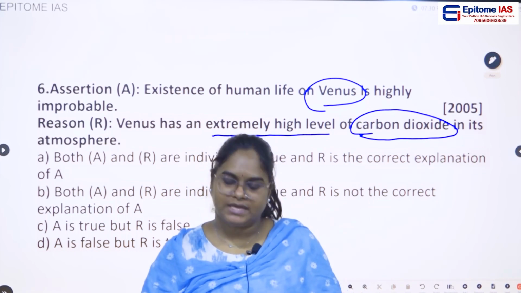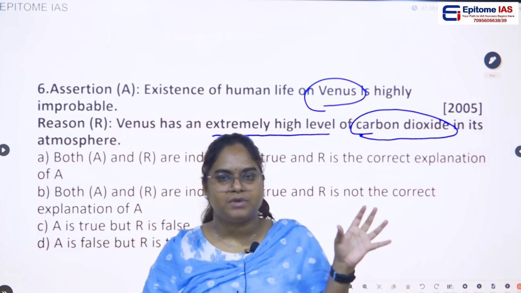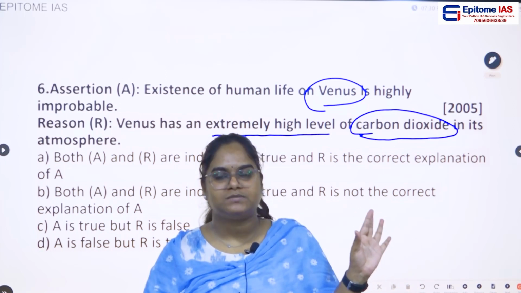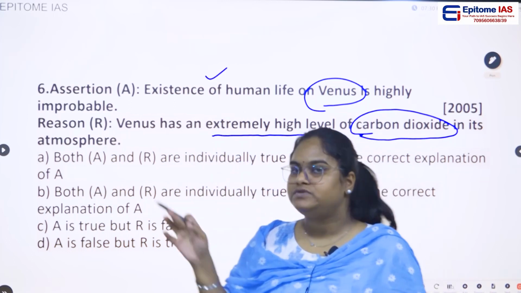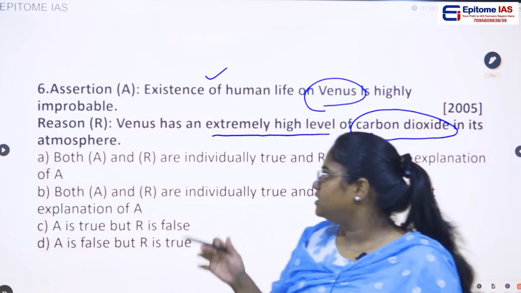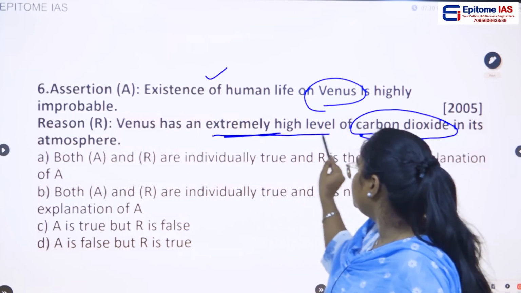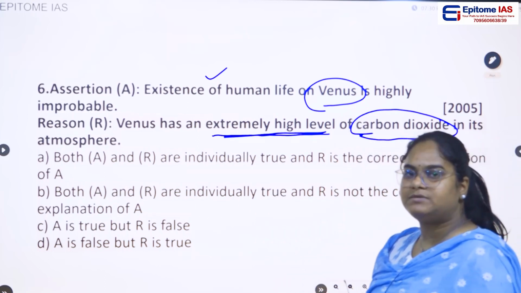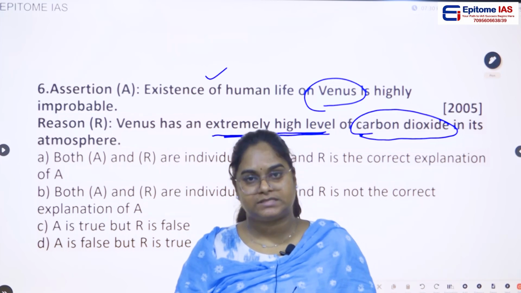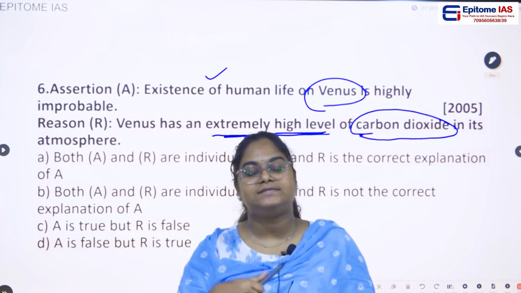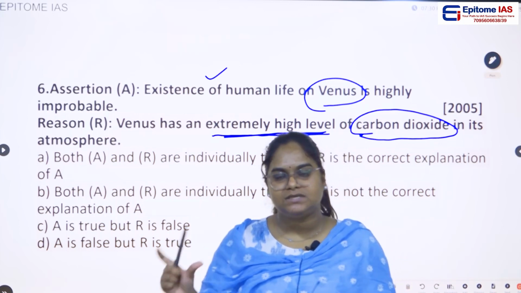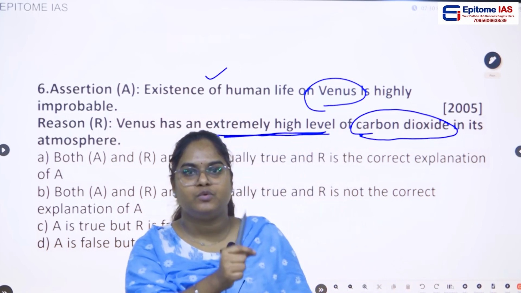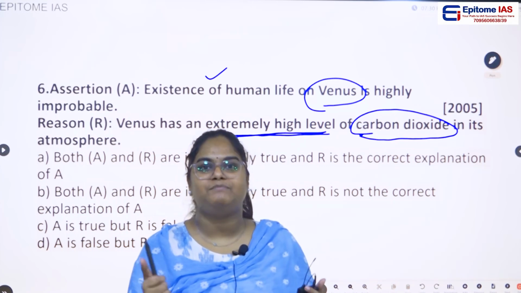Is that true? Yes, it is true. On Venus, human life is nearly impossible. So the assertion is a correct statement. And the reason given here is that Venus has an extremely high level of carbon dioxide in its atmosphere. Is that true? Yes, Venus has an extremely high level of carbon dioxide, and that is the reason why existence of human life on Venus is nearly impossible.